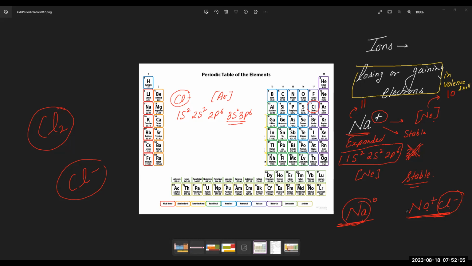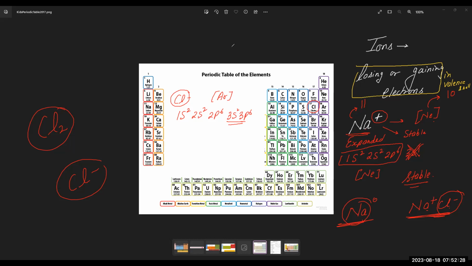Is it okay, children? Write it down. So ions are formed when electrons are added or removed in the valence shell, in the outermost shell. You cannot put electrons or remove electrons from the inner shell. That you are going to learn when we do periodicity.